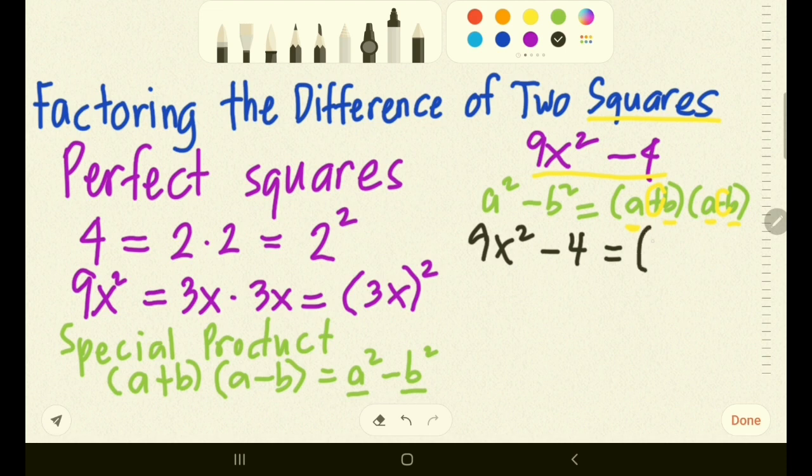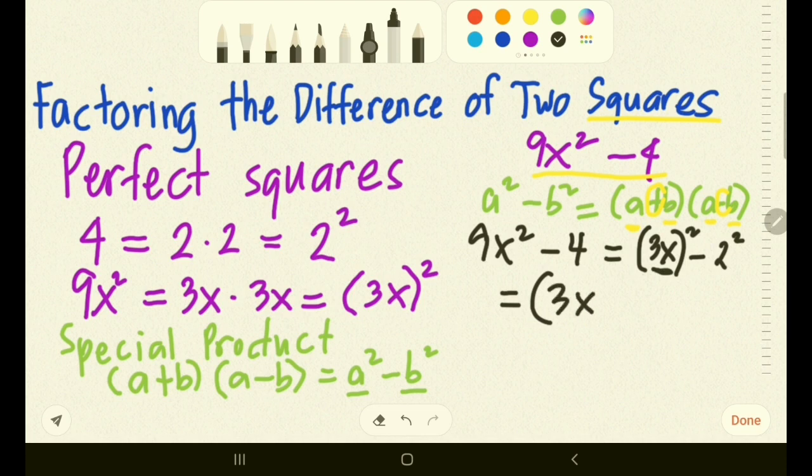So 9x squared is the square of 3x, and 4 is the square of 2. And then you factor. Here, it's very clear. The base is the expression or the term below the exponent. So you have your 3x.